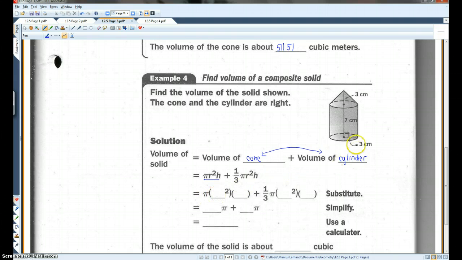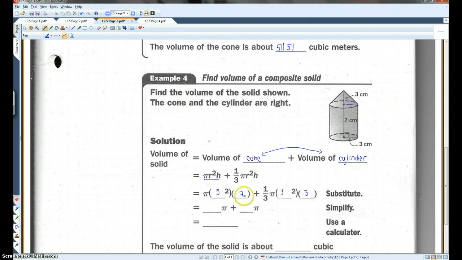So we're dealing with the cylinder here. Pi r squared, the radius of the cylinder is 3, and the height of the cylinder is 7, plus the volume of the cone. The radius of the cone, because it's attached to the cylinder, also has to be 3, the same as what's down here. And the height is 3.